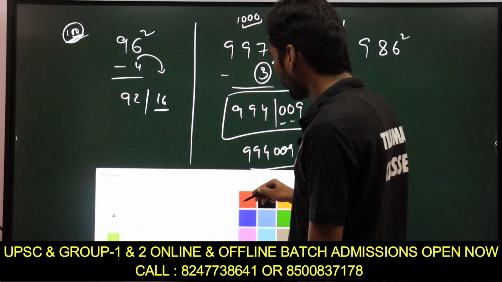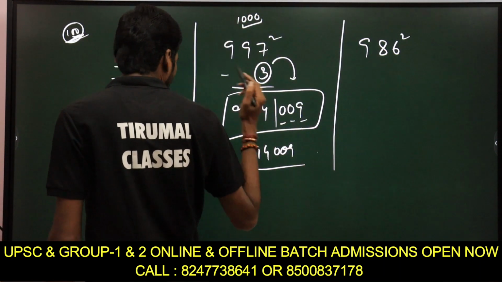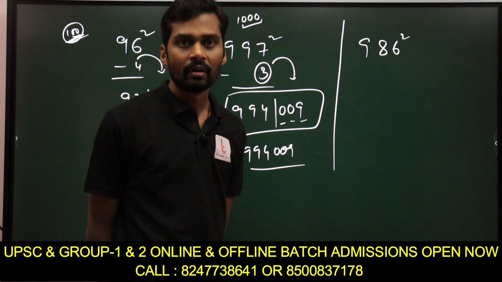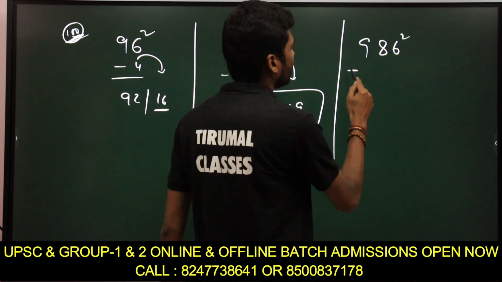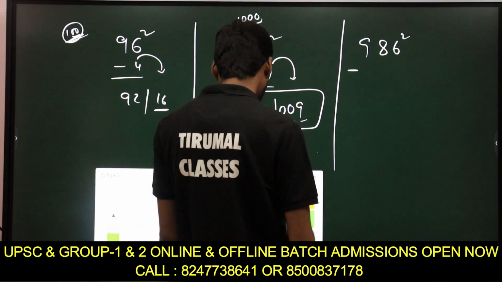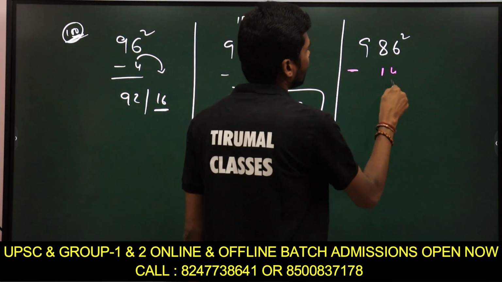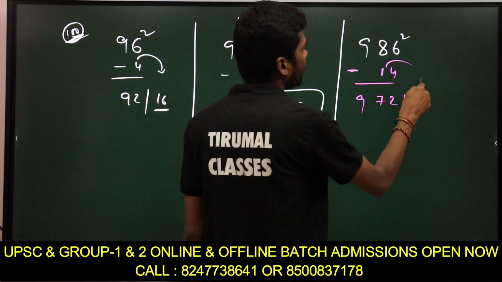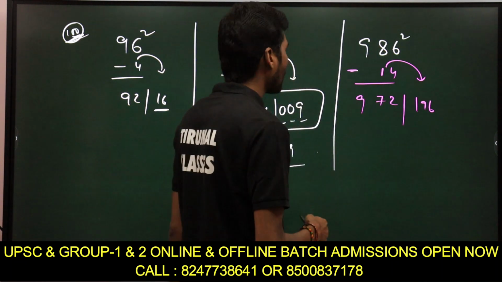And actually you don't require pen and paper to solve this kind of question to find the square numbers. 986 square. What is the square of 986? Yes, you subtract the numbers. How much is it less than 1000? 14. 986 minus 14 is 972. 14 square is nothing but 196.